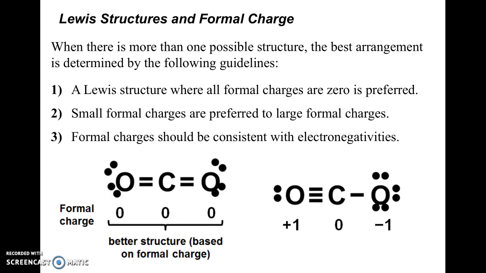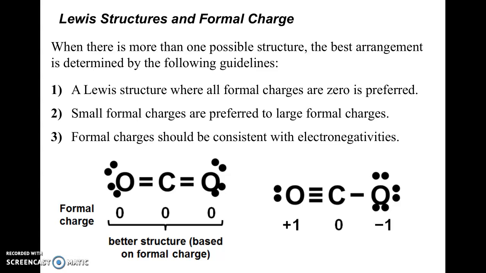So I have an example here at the bottom of the slide of CO2, 2 potential structures where the octet rule is met in all cases. And so we're going to compare the formal charges for the one on the left, which has 2 double bonds, to the one on the right, which has a triple and a single bond.